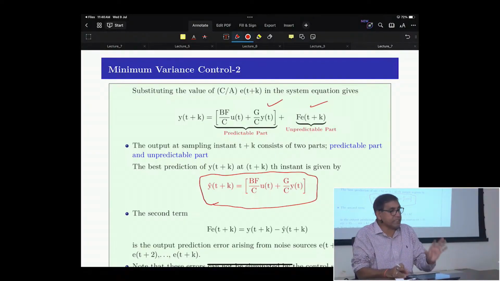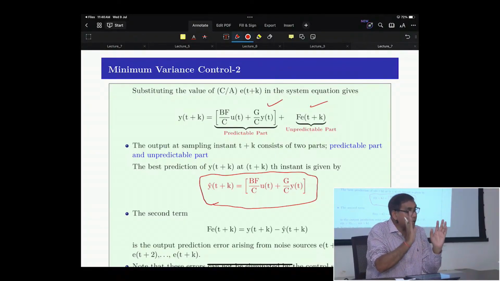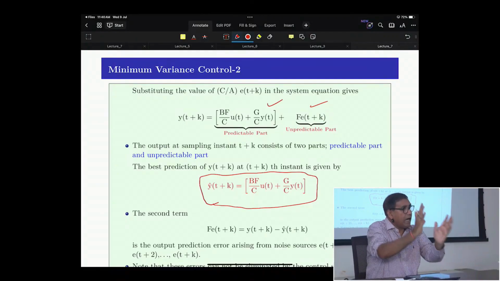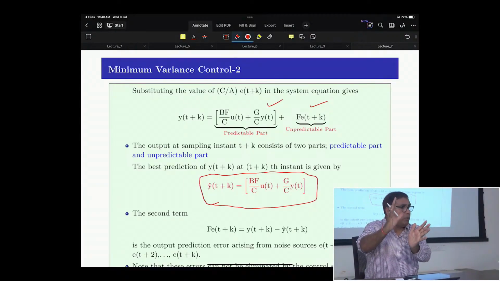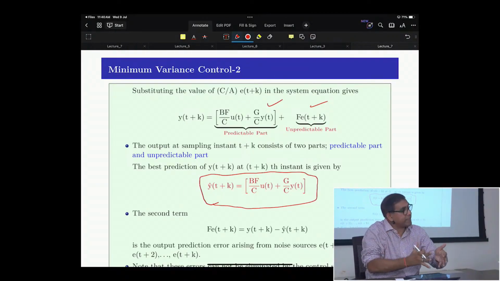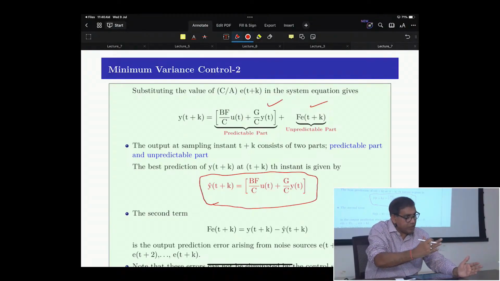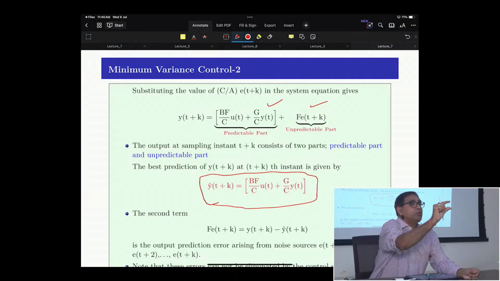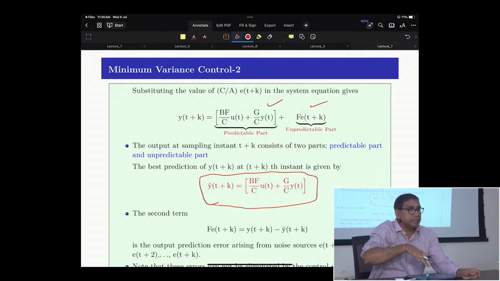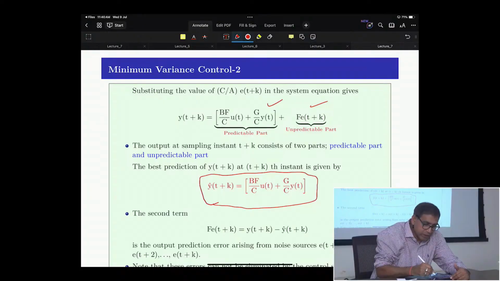You see the output has got two parts now. One is the predictable part, another is the unpredictable part, right? The predictable part consists of the actual dynamics plus a small amount of noise part, because you cannot completely predict the noise, right? This is simple algebra.